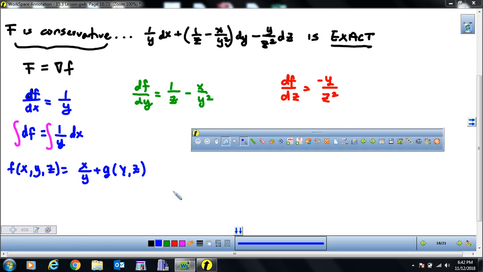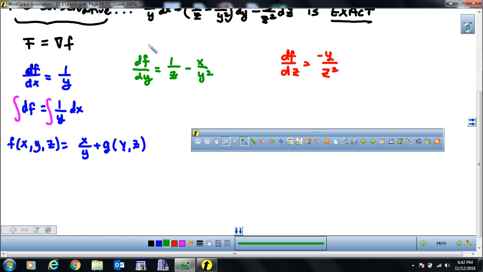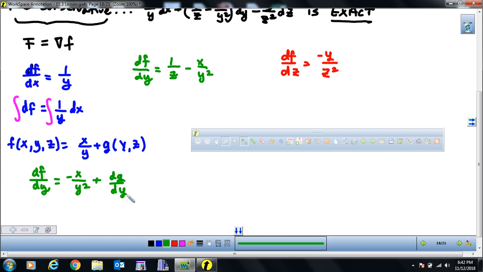Okay. Second condition. Now we need to find the derivative of the potential function with respect to y. The derivative of this potential function with respect to y would be negative x over y squared plus dg with respect to y.